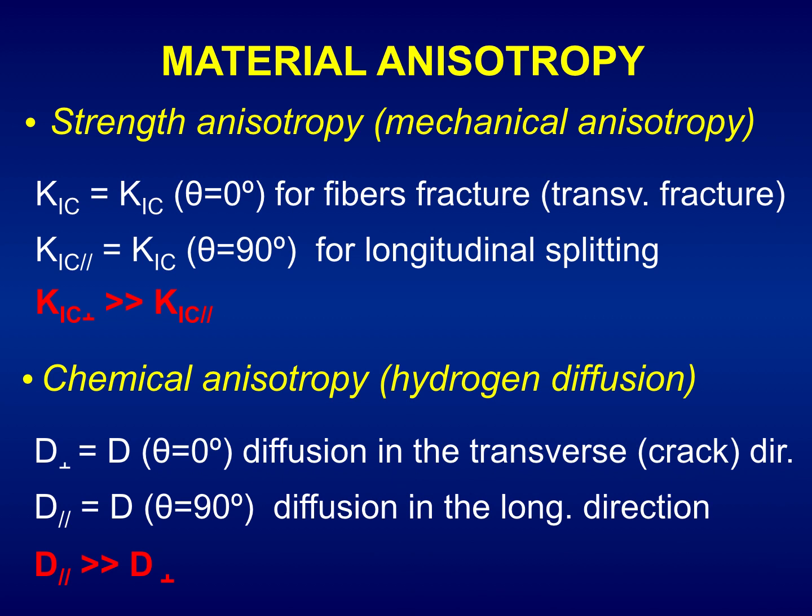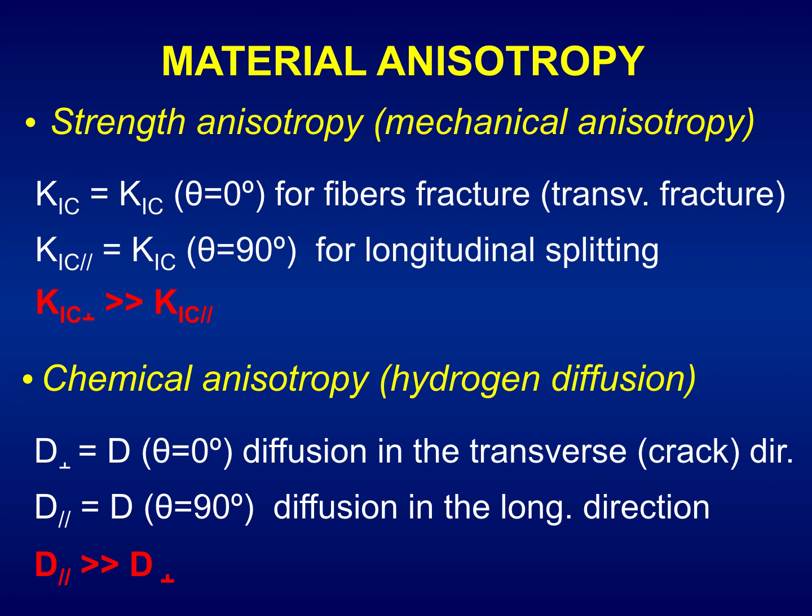A model of this behavior. We have material anisotropy, again twofold, regarding two aspects. Firstly, strength anisotropy or mechanical anisotropy. K1C is a directional property as a function of the propagation angle.